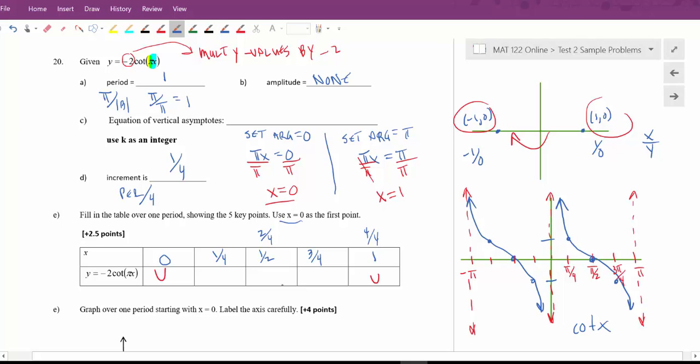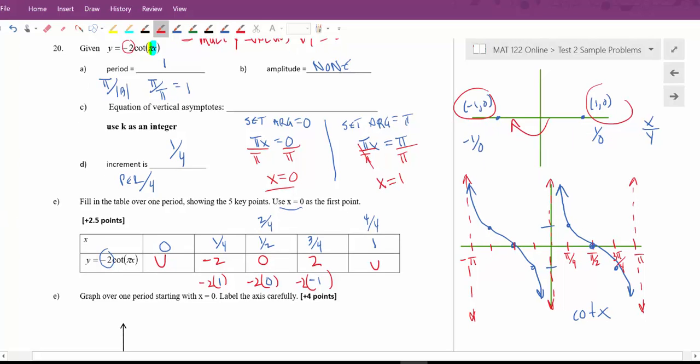So the y values go like this: halfway between your asymptotes, 0, to the right of that, -1, to the left of that, 1. But what we're doing is a transformation of -2. So we're going to multiply these y values by that -2. That's going to give -2, 0, and 2.